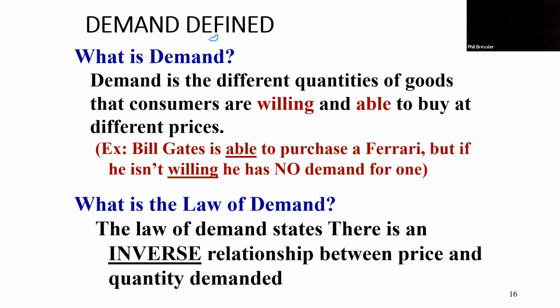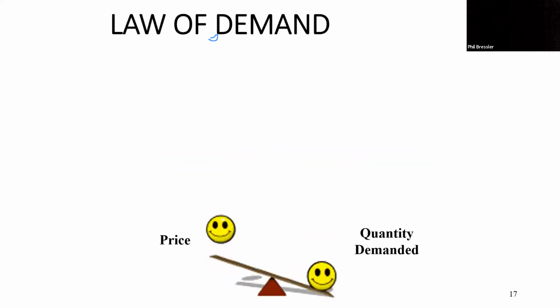What does that mean? It means when price goes up, say at $5, people were buying 10 bushels of corn. At $7, they'll buy 6 bushels of corn. As price goes up, quantity demanded goes down, or vice versa.